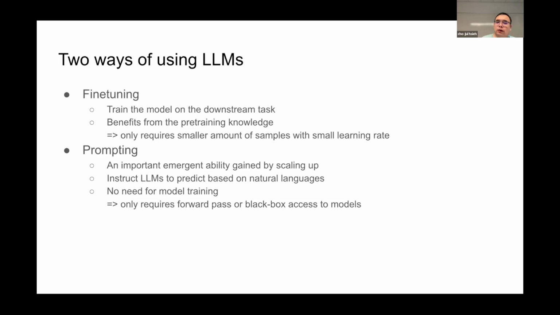Fine tuning can also benefit from large language models, because you have a lot of neurons and parameters to memorize a lot of things in the pre-training step, and that will transfer to high performance in downstream tasks when you do fine tuning.